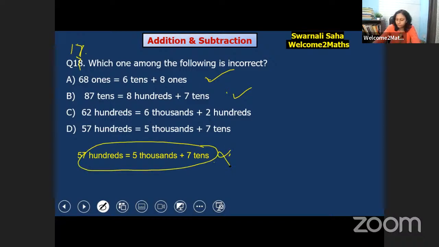Okay. So D is incorrect. Okay, 17D. After 5000, they are saying 7 tens. So it's not right. So it is the wrong one. So this is incorrect. D is our answer.